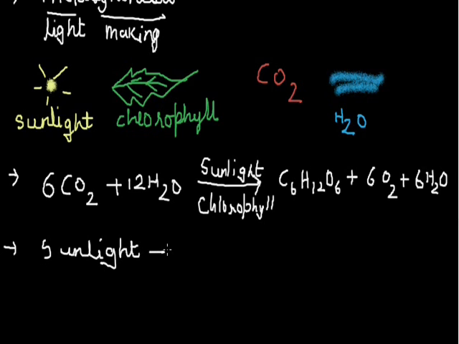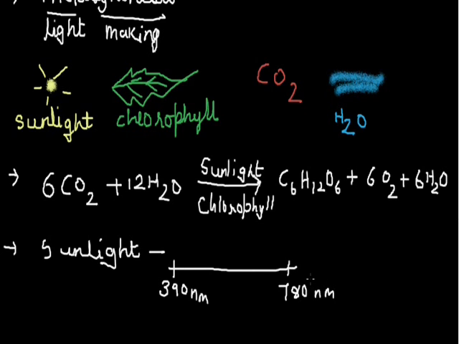Plants use the light in the visible region of the solar spectrum, the electromagnetic spectrum, which comes under the range of 390 nanometer to 780 nanometer. This is the visible range of the electromagnetic spectrum.